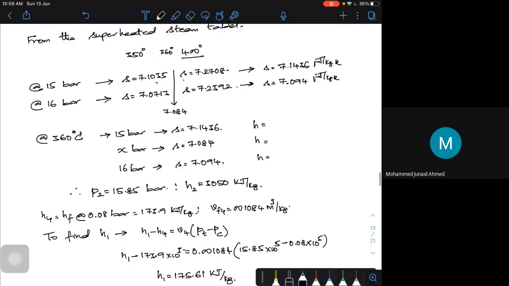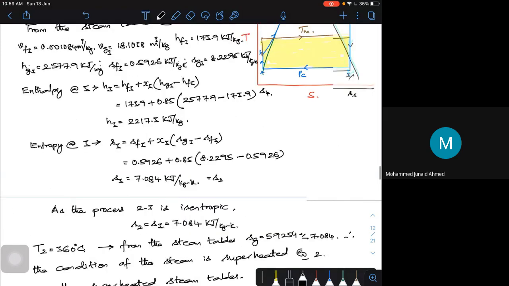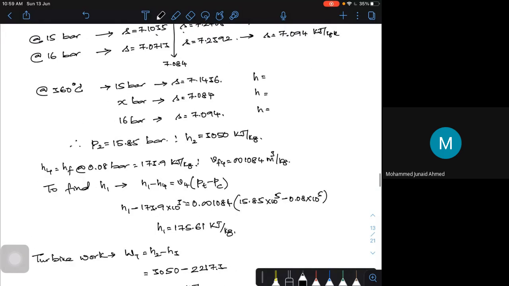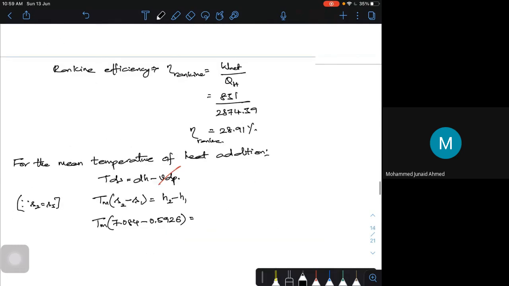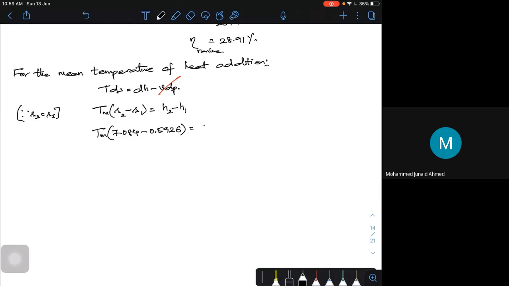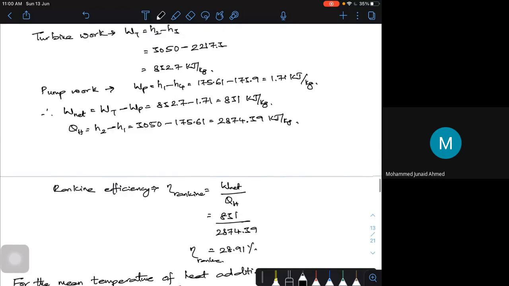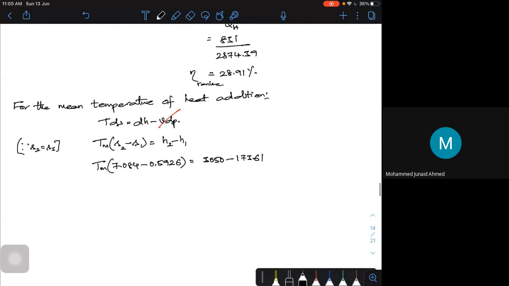H2 is the enthalpy. What we got for H2 is around 3050. 3050 minus 175.61. Both the kilos are on either side, so they simply cancel out.